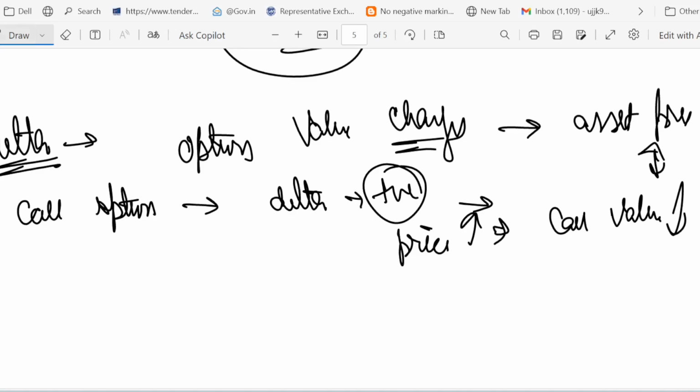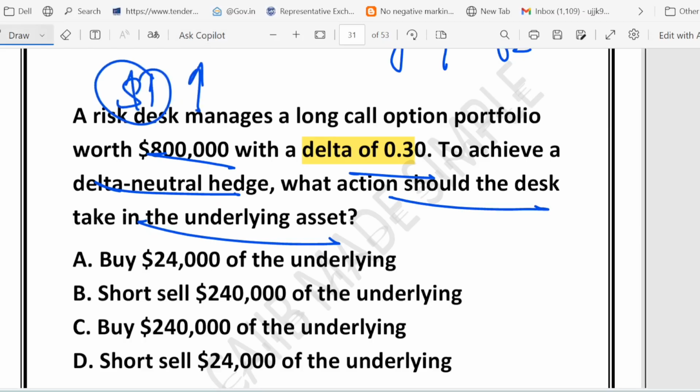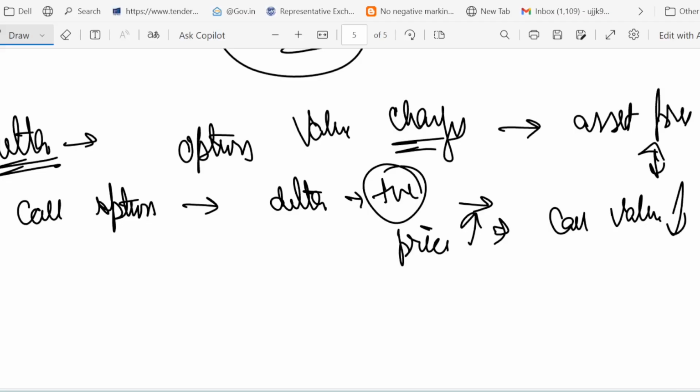Now in this case, the delta they have given is 0.30, which means for every $1 rise in the underlying, the portfolio gains 30% of the move in value. There is a formula that you can use to compute it.